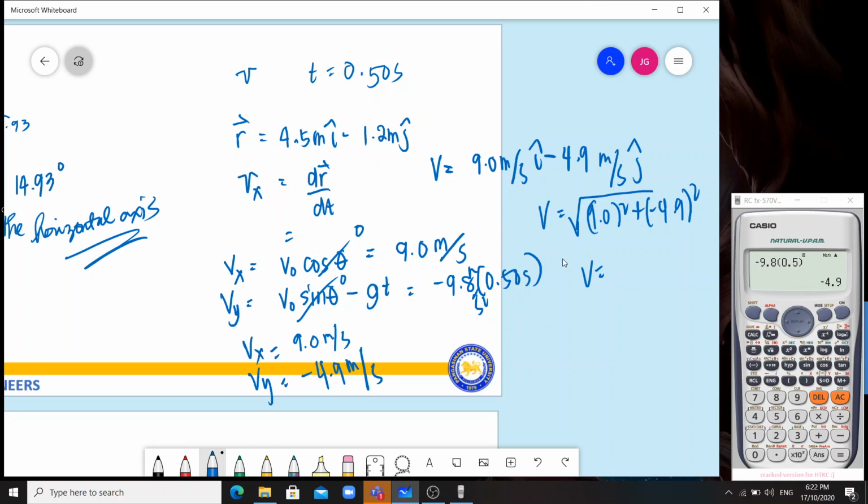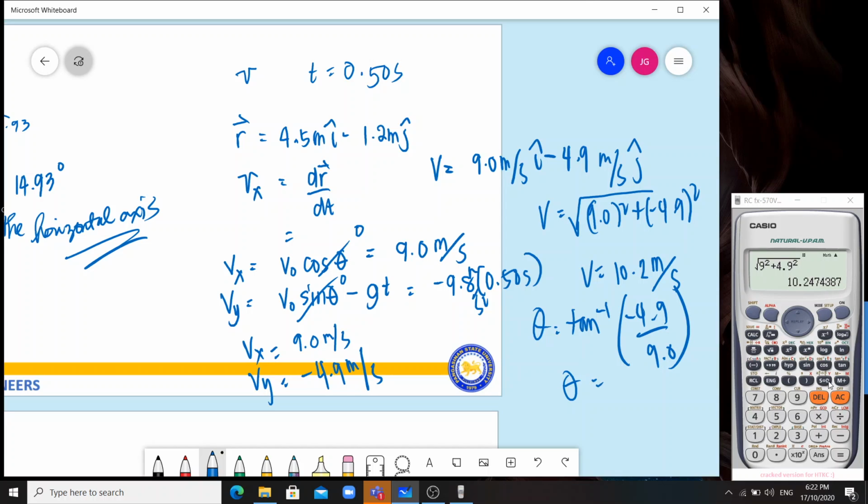Ang velocity natin dyan ay square root of 9 squared plus 4.9 squared, 10.2. Okay. 10.2 meter per second at what direction? Inverse tangent ng negative 4.9 over 9. Okay, get natin yung direction.